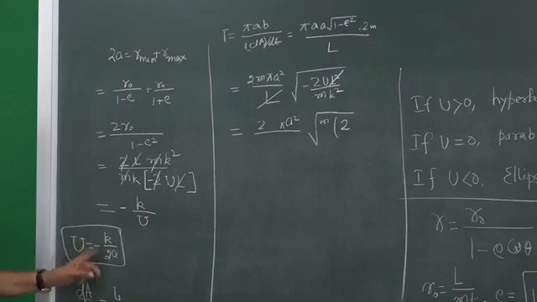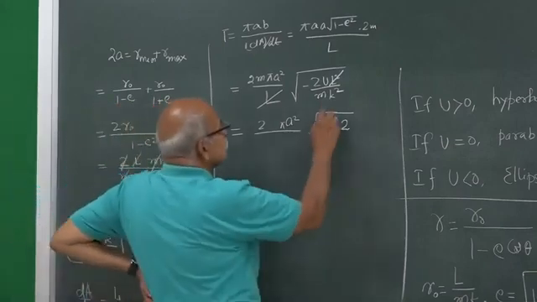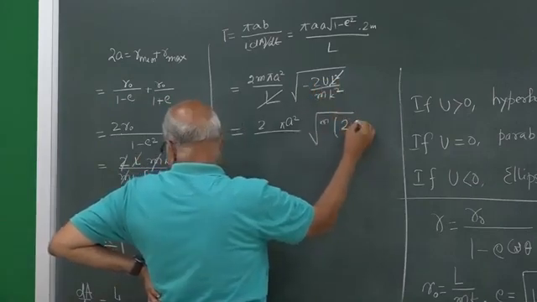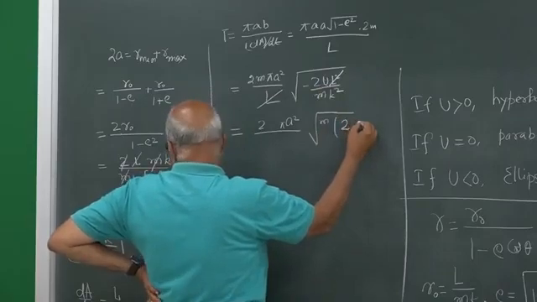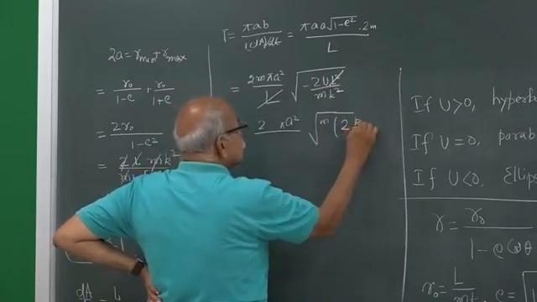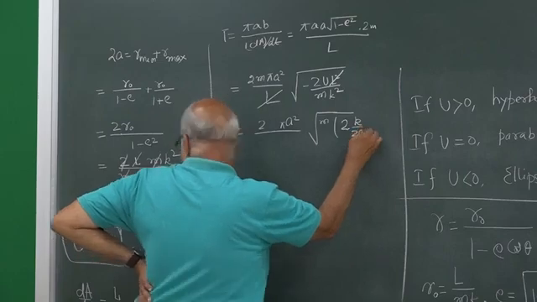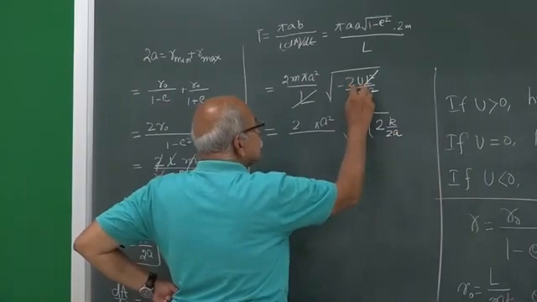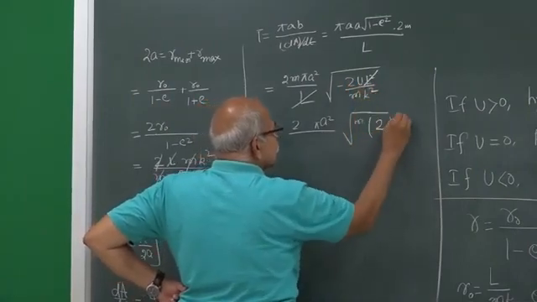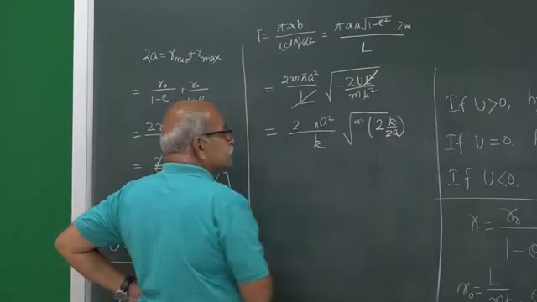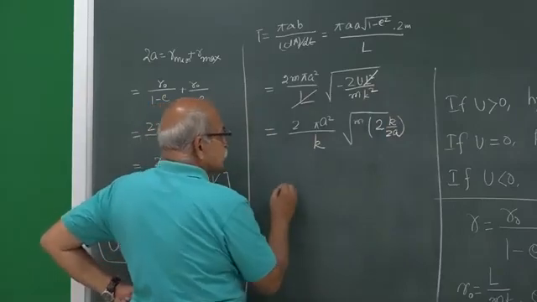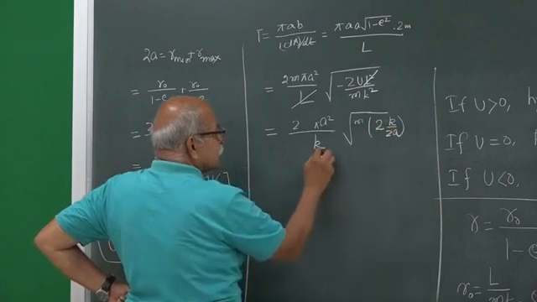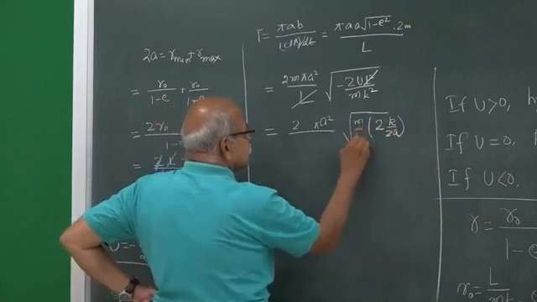So, this is 2 and minus u is k by 2a. We have written this, divided by k square. So, k I can write here. All right. So, there is a root k here and k here. Okay. So, let me write k square and then I will cancel it.